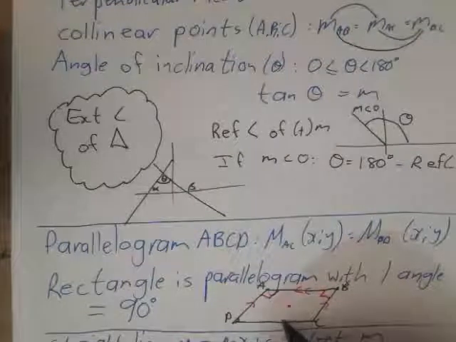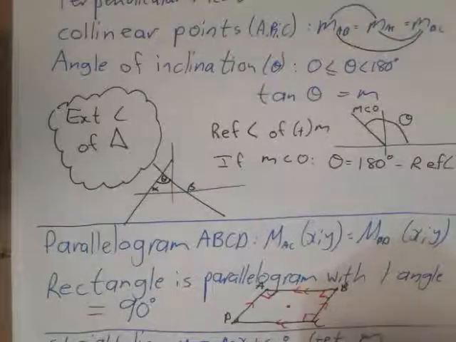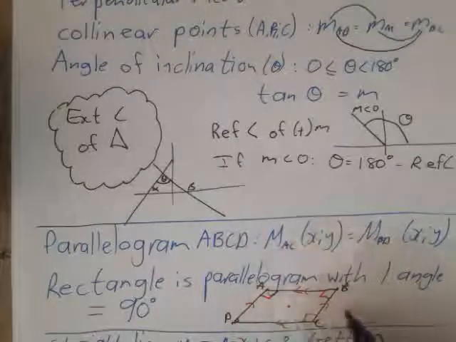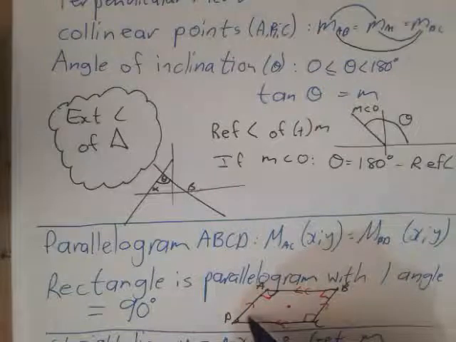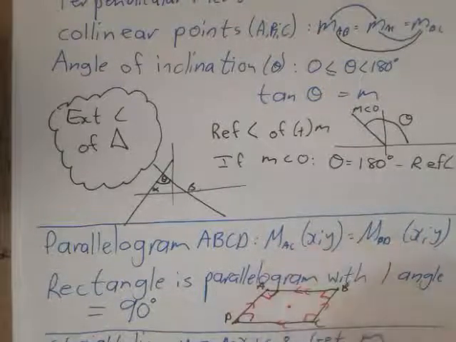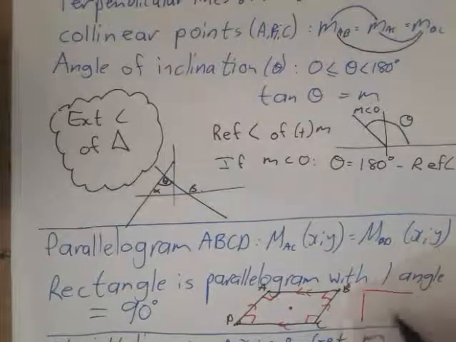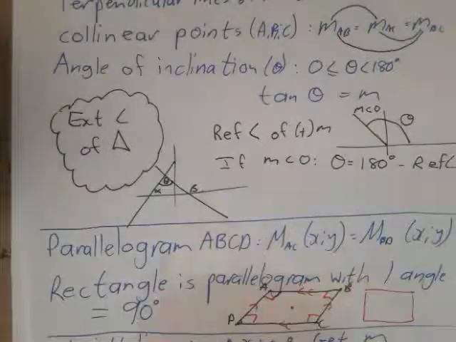And then these sides are parallel, which means that must be 90 degrees. And because the interior angles of a rectangle or any quadrilateral add up to 360, this has to be 90 degrees. So we end up with a rectangle by changing one of the angles to 90 degrees.